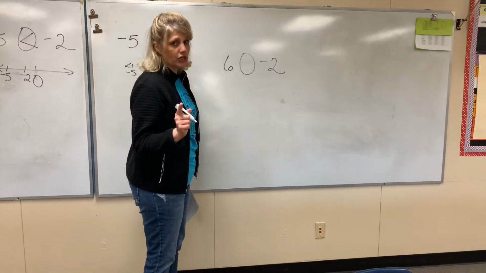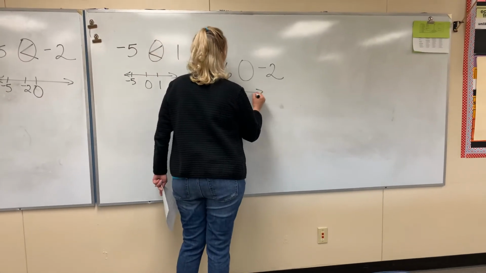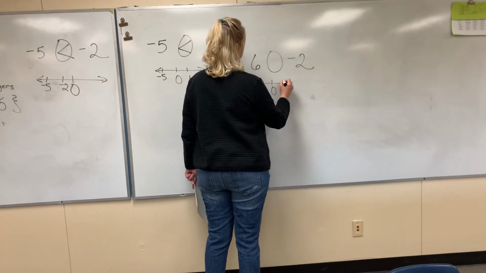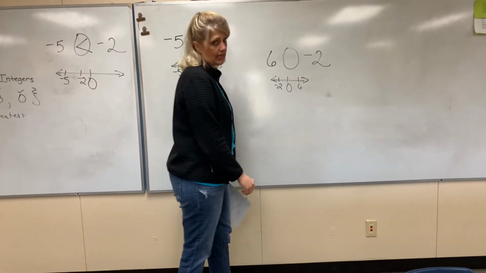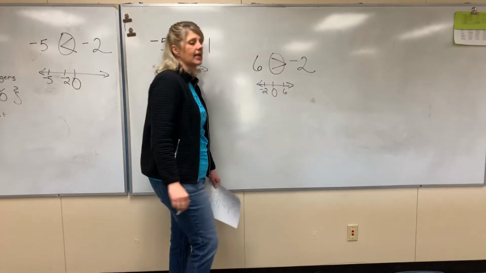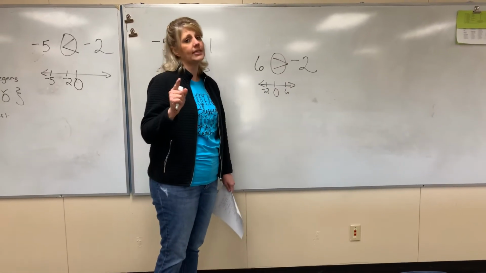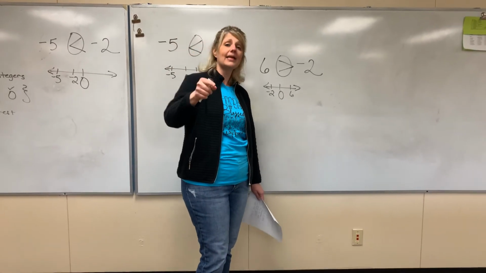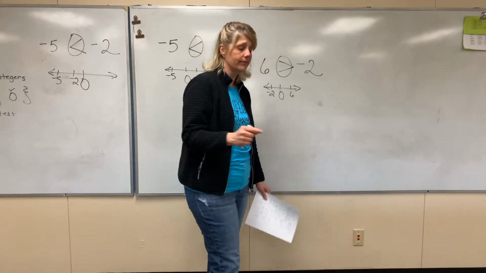But I'm going to show my work. So there is my 0, there is my -2, and there is my +6. So obviously the +6 is bigger because a positive number always wins out over a negative number. I would much rather be positive in my bank account than negative in my bank account.